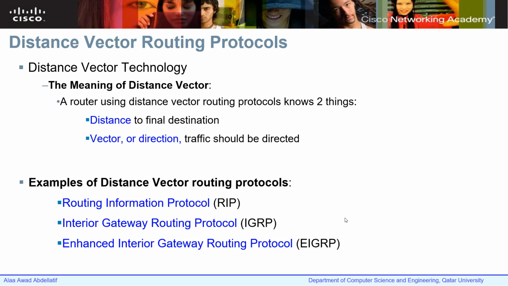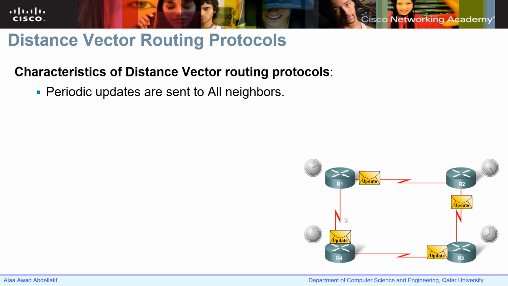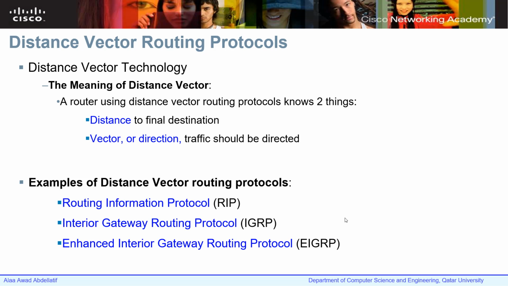Examples of distance vector routing protocols are RIP, Routing Information Protocol, Interior Gateway Routing Protocol, and Enhanced Interior Gateway Routing Protocol. These are examples of distance vector routing protocols. In the following, we'll discuss general characteristics or general requirements for distance vector routing protocols.